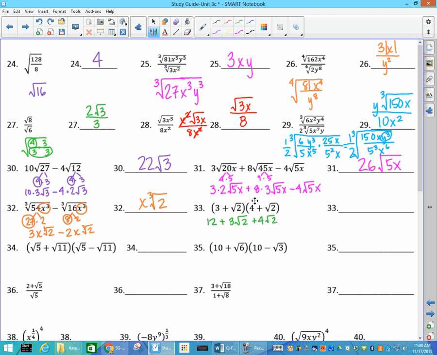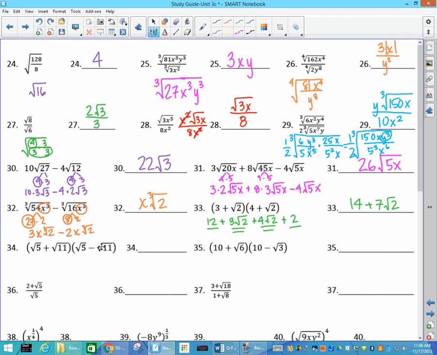So when you're multiplying these things, y'all, if it's not under a radical, don't put it under the radical. If it's under the radical, you've got to keep it under there. And then the square root of 2 times the square root of 2 is 2. So 12 plus 2 is 14. And then 3 root 2 plus 4 root 2 is 7 root 2.